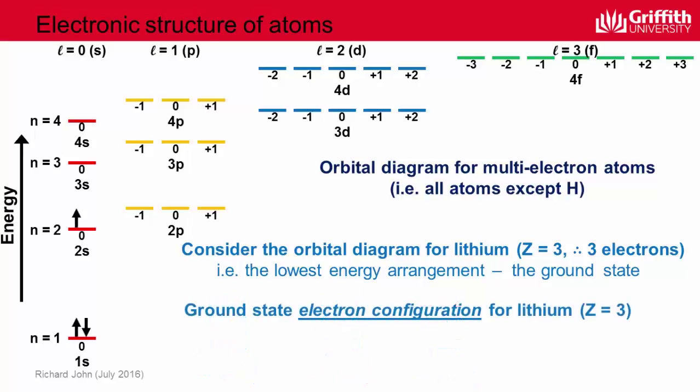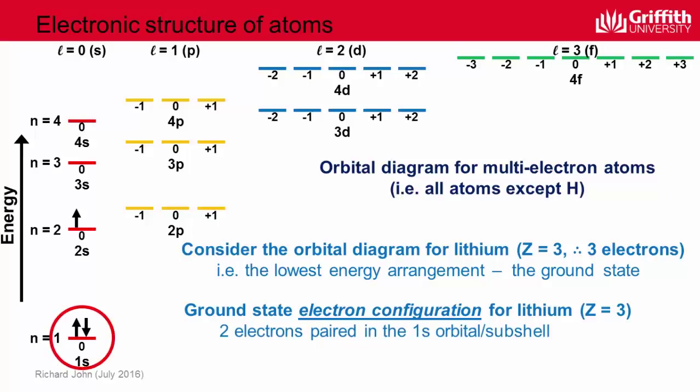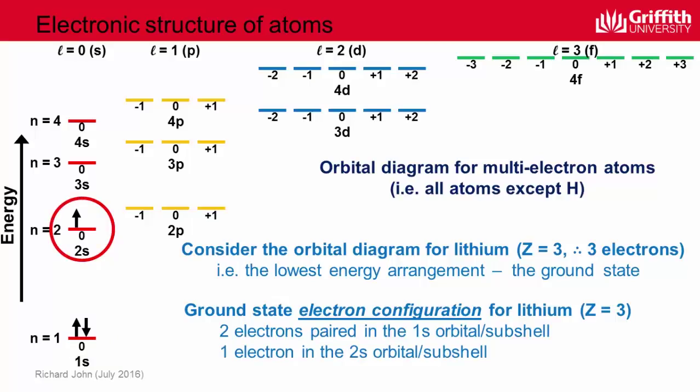Now we're going to consider the electron configuration for lithium. Now an electron configuration is a shorthand way of representing the information that's on this orbital diagram. And what we note is that there are 2 electrons that are paired in the 1s orbital, or the 1s subshell. There is one electron in the 2s orbital, or in the 2s subshell.